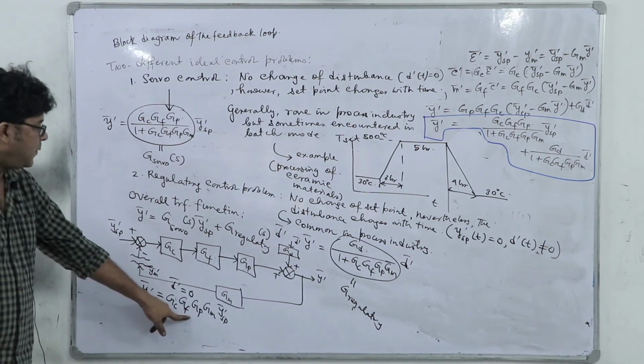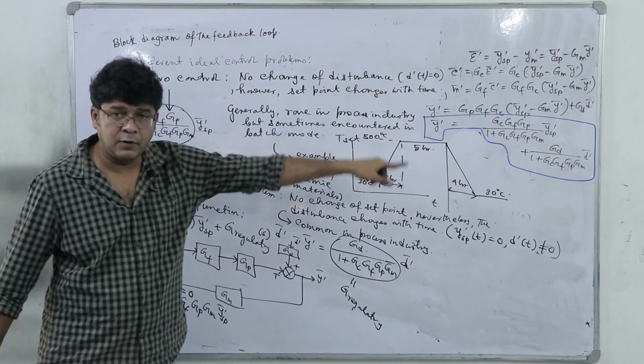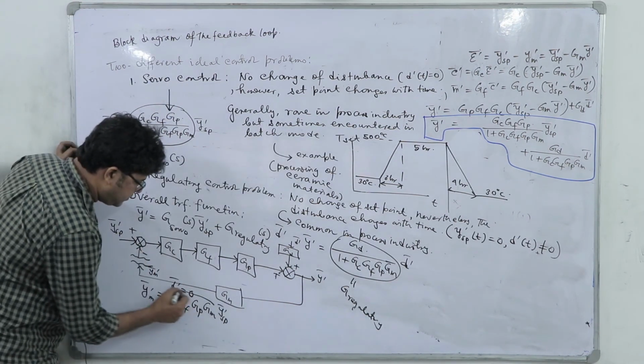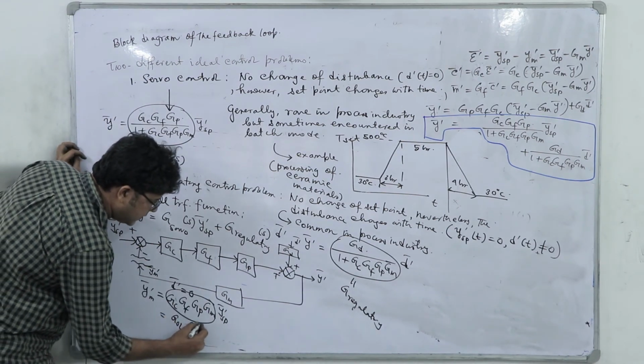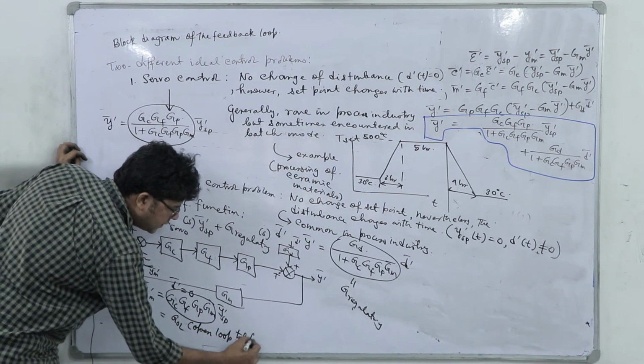And that specific product term we have in the denominator of both the servo and regulatory block. As we have opened the loop, this we often refer to as GOL, the open loop transfer function.